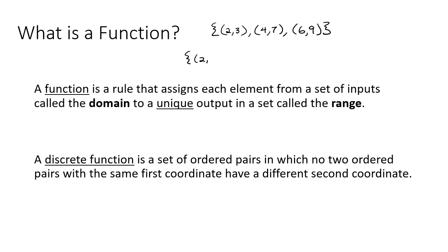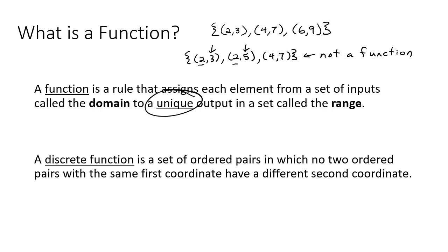So if you had, say, (2, 3), (2, 5), (4, 7), this one would not represent a function, because you have the input of 2 giving you two different outputs, 3 and 5. And that violates the uniqueness part of the definition.